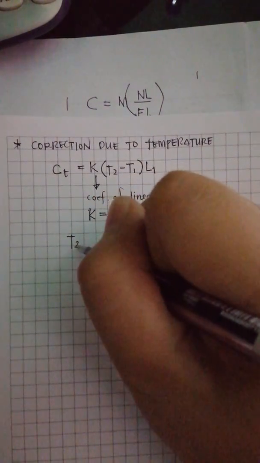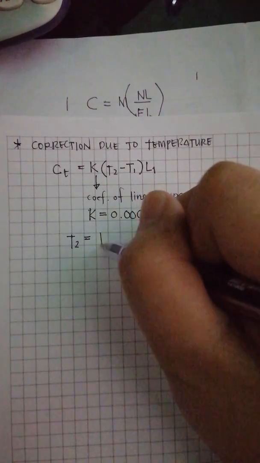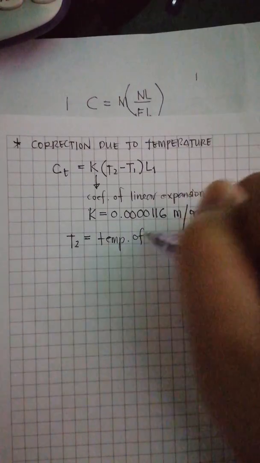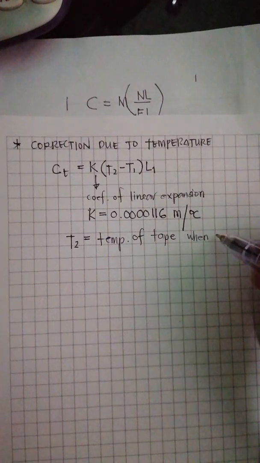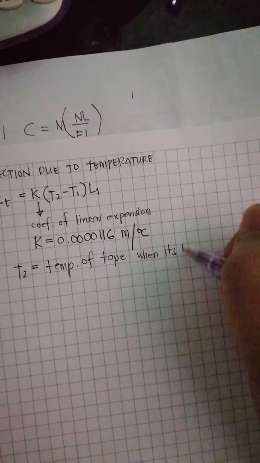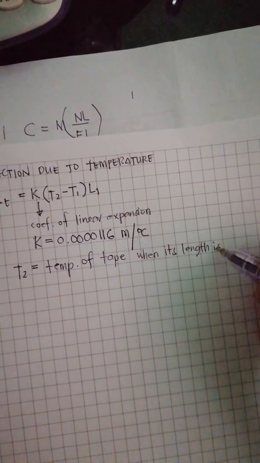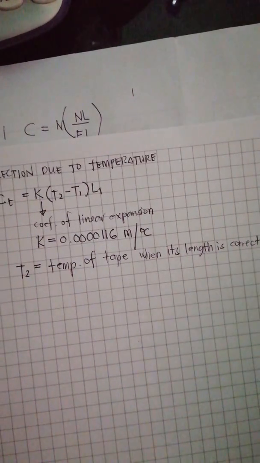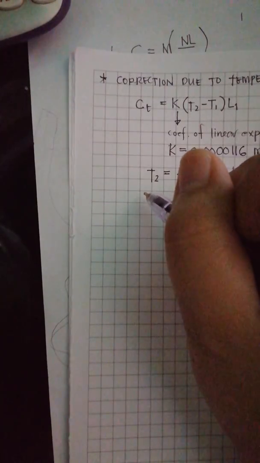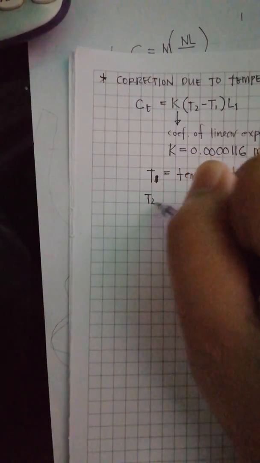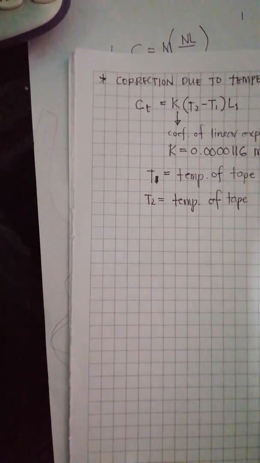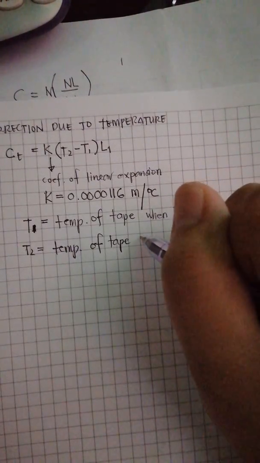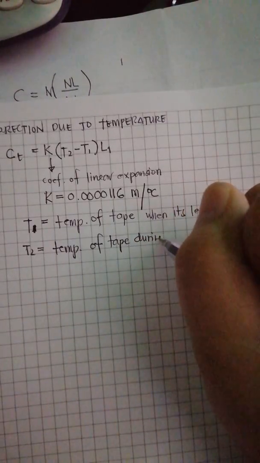Okay, T1 is the temperature of the tape when its length is correct, meaning the tape used has no error. Then T2 is the temperature of the tape during measurement.